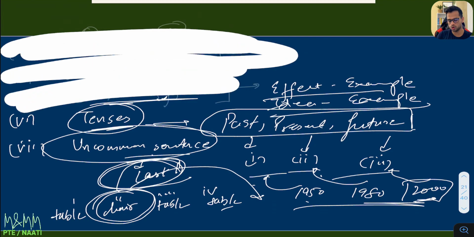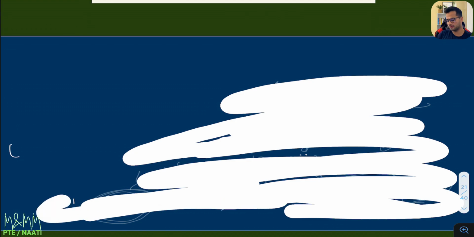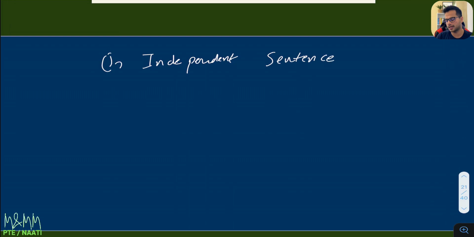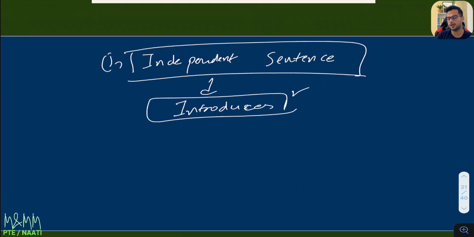Now, the way to solve this topic is, whenever you get a paragraph in front of you, my very first step has to be to start finding the independent sentence, because that is going to help me find the other pairs. An independent sentence simply means a sentence which is independent, the sentence which introduces the topic and the paragraph.